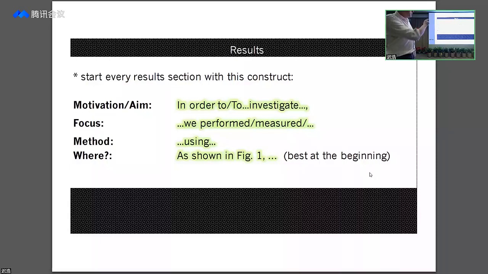The best thing is to put this at the beginning, but when you have a look at papers, you will often find it at the end of a sentence. Both is okay, but I believe it's best to put it at the beginning, because then you don't have to think about, oh, how do I start this result sentence? You sit there for half an hour and then you say, okay, let me use "as shown in figure 1". And then it's just so easy.